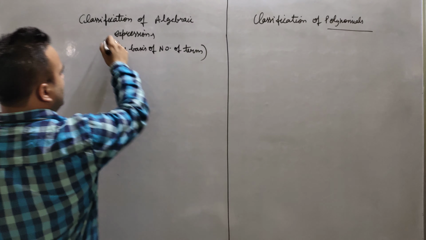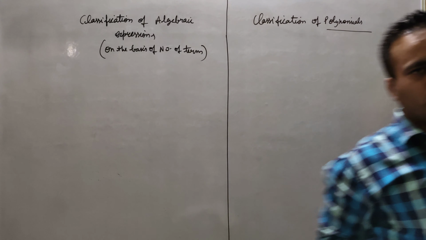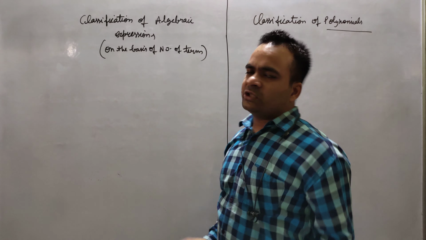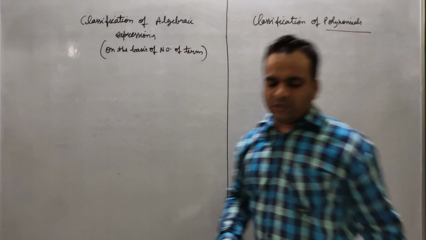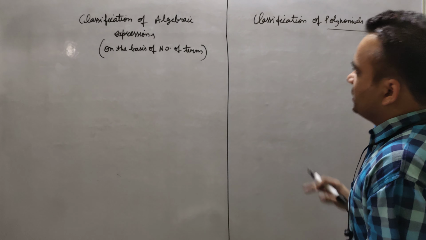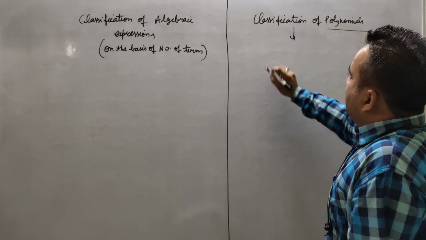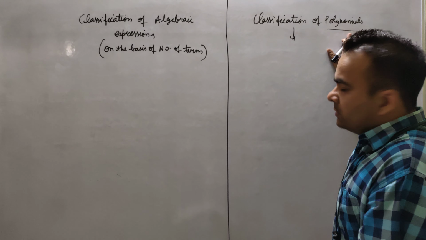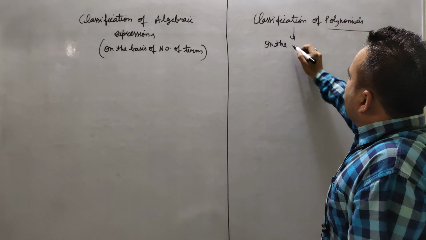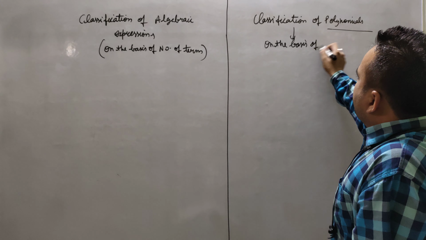It is not saying which type of terms these are. Is it having 1 upon 2? Is it having negative power? We generally don't see that in this particular classification. But we generally use the polynomial here. But there is no such type of condition. But yes, in this condition we are seeing what? First of all, there should be a polynomial. The second one, we are classifying this particular category of algebraic expression on the basis of degree.